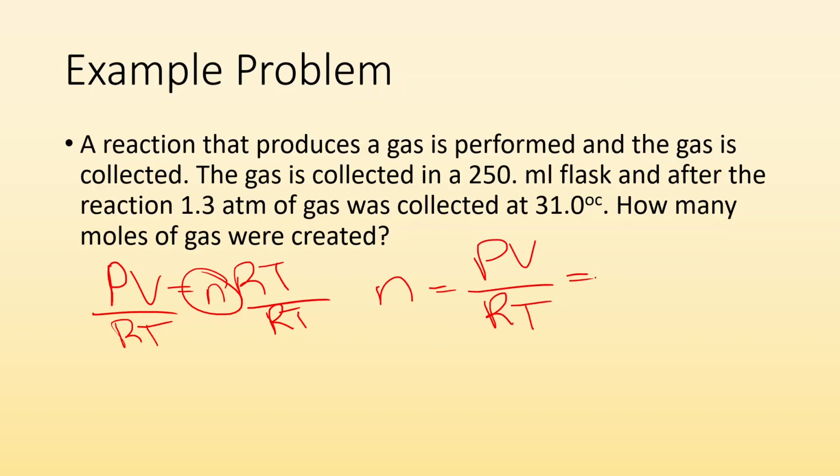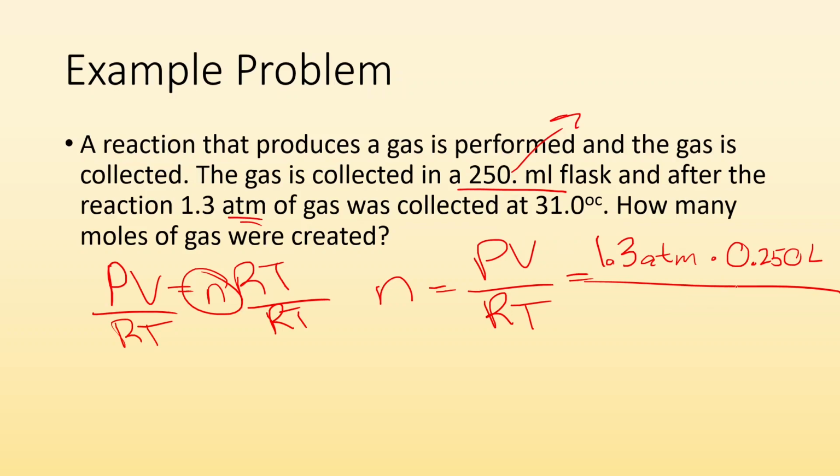So now let me see. My pressure, they told me, is 1.3 atmospheres. My volume, they said 250 milliliters, but I need to convert that to liters, so I divide by 1,000 and I get 0.250 liters, divided by R. Well, if I'm using atmospheres, I have to use 0.08206 liter atmospheres per mole Kelvin, and then times my temperature, which has to be in Kelvin.